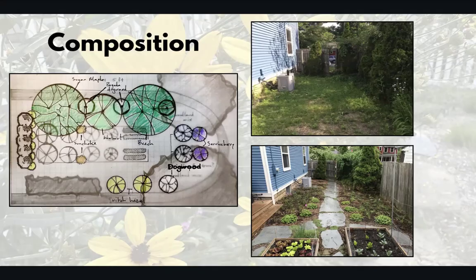So in the world of composition, we're considering scale, how big things are, and how they relate to each other. And that also leads perfectly into proportion. How much of this thing is going to be somewhere? Repetition.